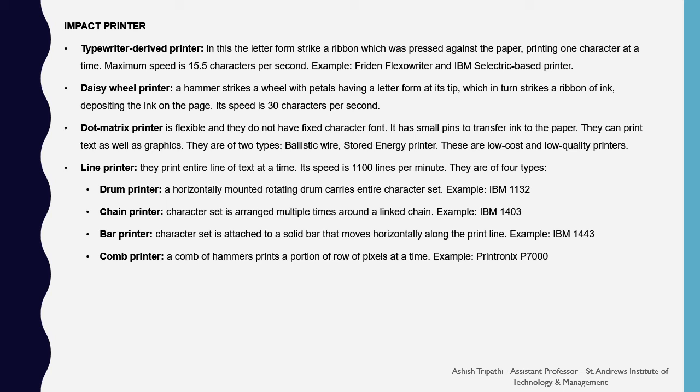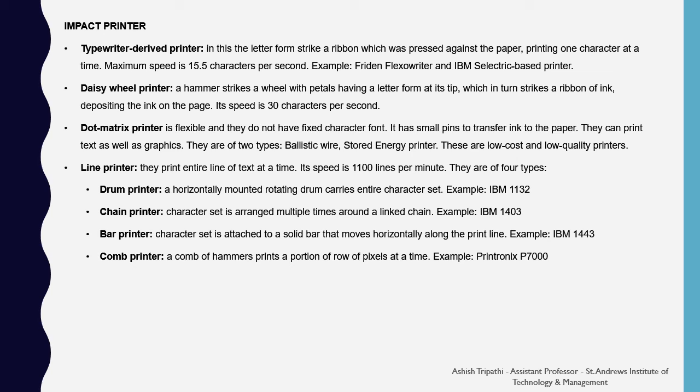They are of four types. Drum printer: a horizontally mounted rotating drum carries the entire character set. Example: IBM 1132. Chain printer: the character set is arranged multiple times around the linked chain. Example: IBM 1403. Bar printer: the character set is attached to a solid bar that moves horizontally along the print line.